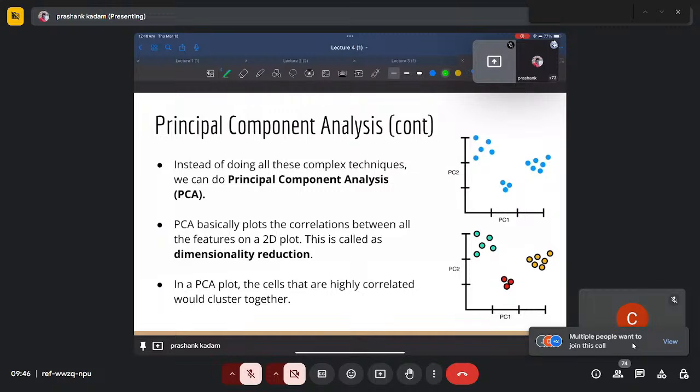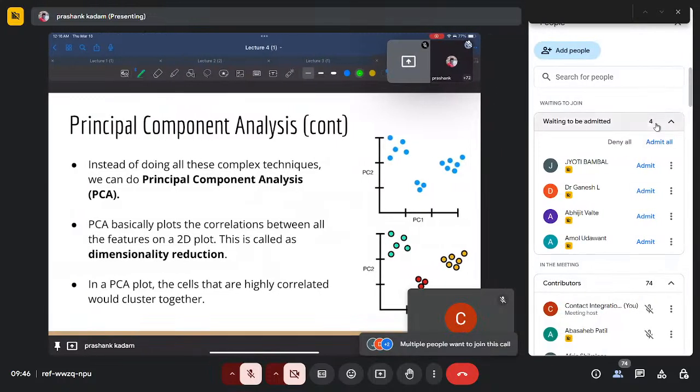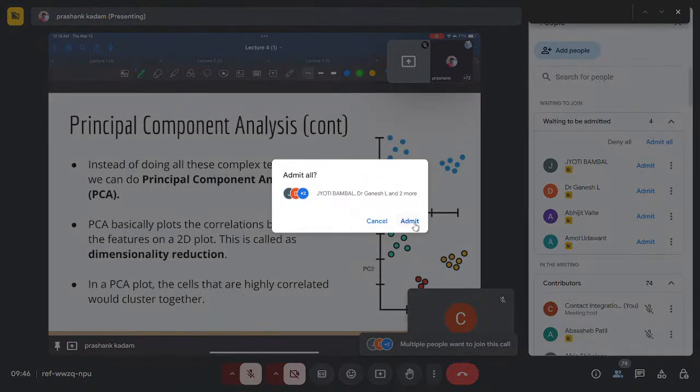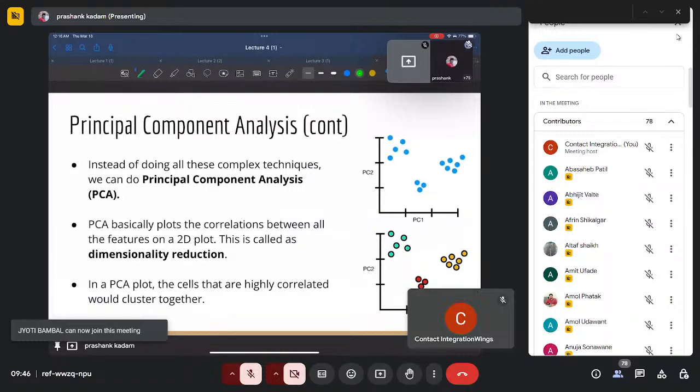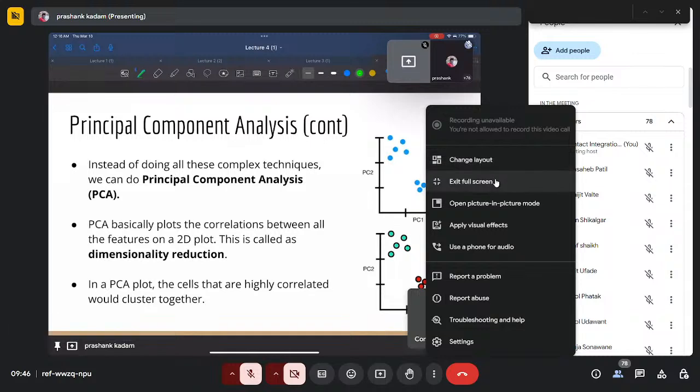So you have 100 different features in your data set. What you're doing is projecting the information from all those features down to one feature, which is, let's say, principal component one. And that component will represent, let's say, 60 to 70% predictability of your data.